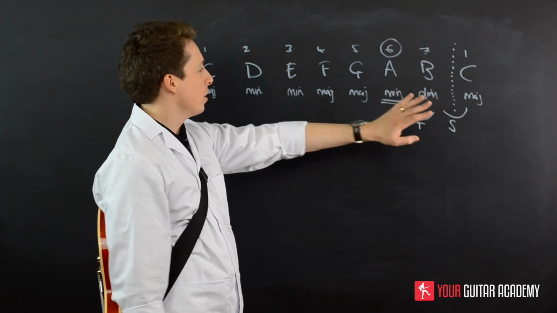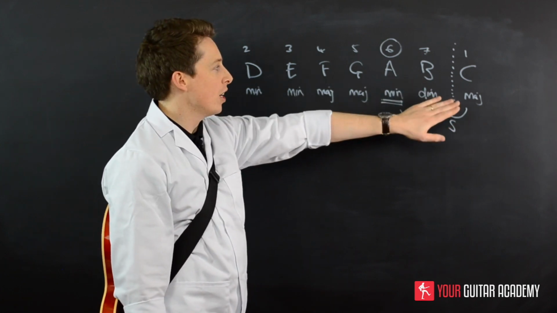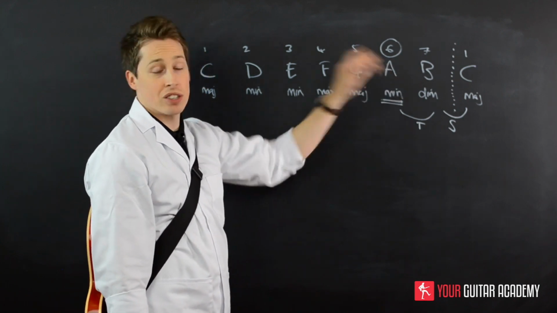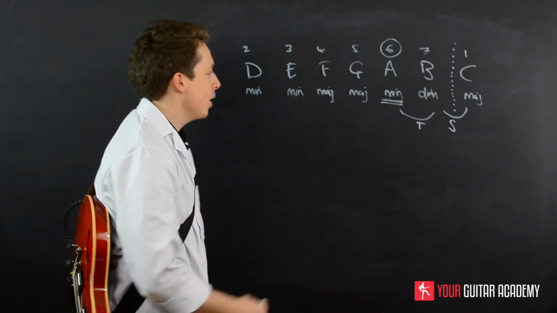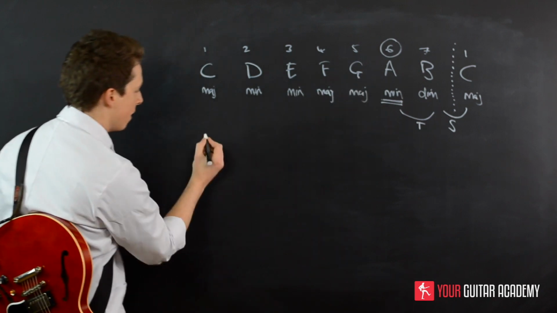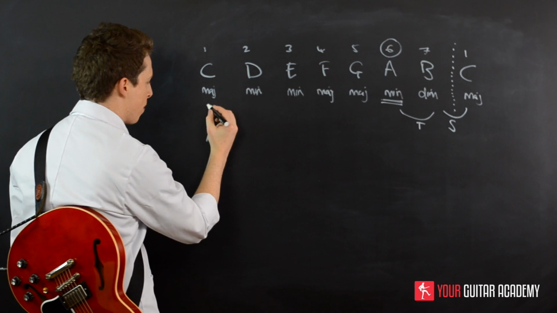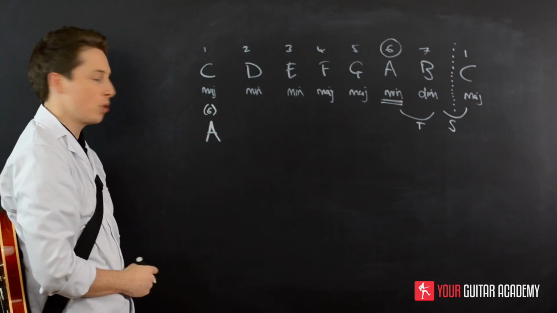And all you've got to remember is that to do the C major, the major, you start on the 1 and go forward. To do the minor, you start on the 6 and go forward from there. So let's just do that. Let's imagine the A is the 1. So it's the 6 really. So in brackets, I'm going to put 6, but I'm putting it at position 1.